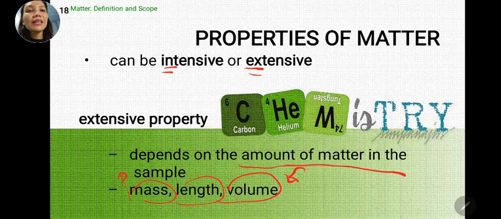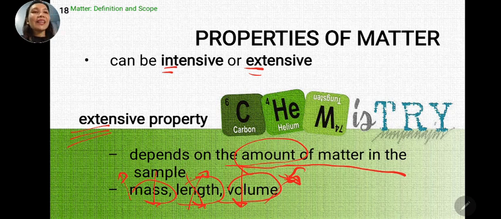Tataas yung mass, pwedeng humaba siya, at madadagdagan yung volume niya. So, kapag binawasan mo naman, bababa yung mass, liliit siya, at mababawasan yung volume niya. So, it depends on the amount of matter that you put in your sample. Yan yung extensive properties natin. So, nasa labas siya, extensive usually.